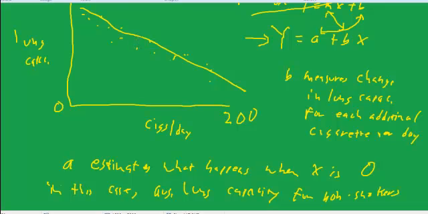So the residual is the distance y minus y hat, point minus the line, and in this case it's less than 0. In this case here, it's greater than 0. So this one is a positive residual, and this one's a negative residual, less than 0.